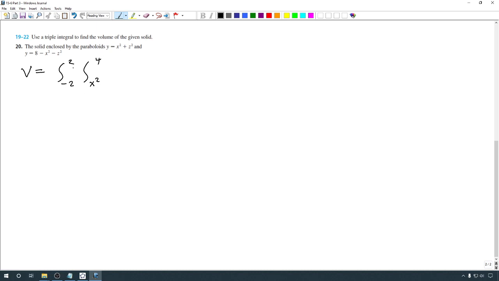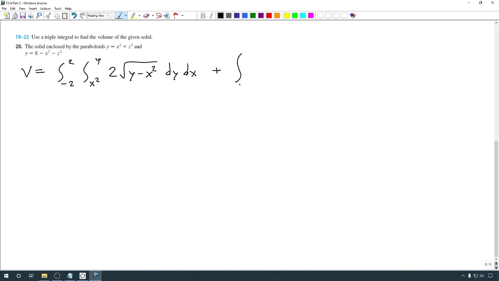There, z is equal to the square root of y minus x squared, but then we have to have the positive part of that square root for the top one and the negative part for the bottom one, which means we have 2 times the square root of y minus x squared, and this would be dy dx.